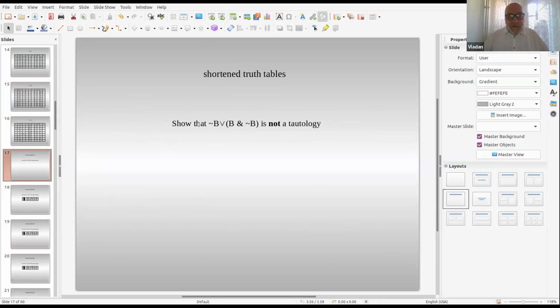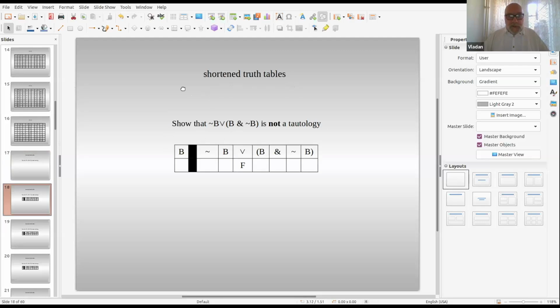What do you see now on the screen? Does it say shortened truth tables? They're called partial in the textbook. So suppose that the task is to show that this formula is not a tautology. Well, I will try to see if it is possible that the formula is false.